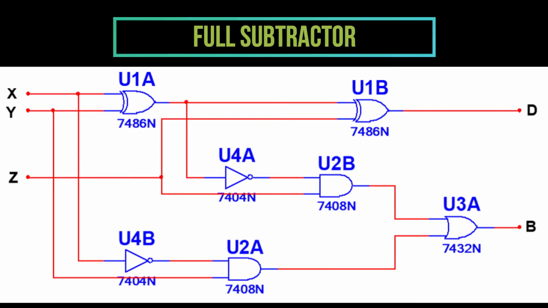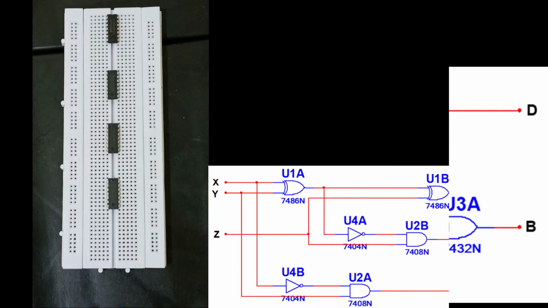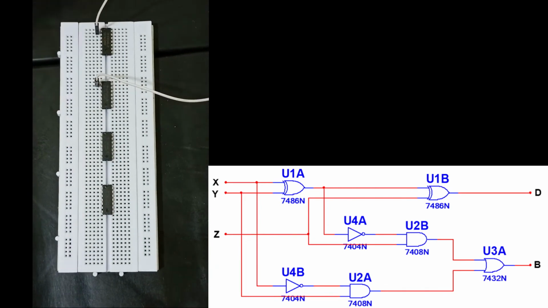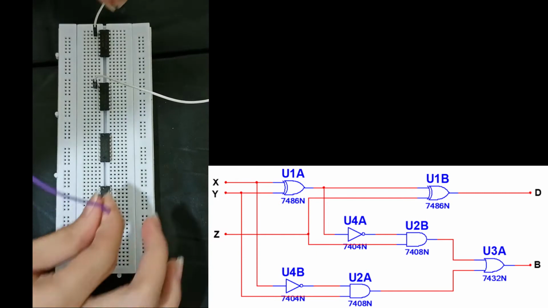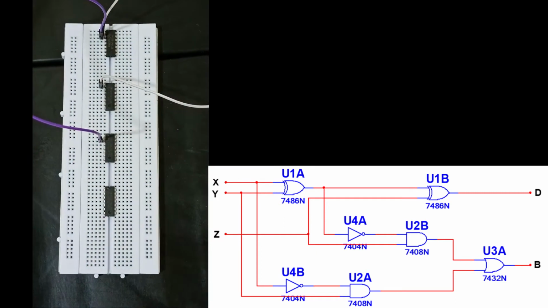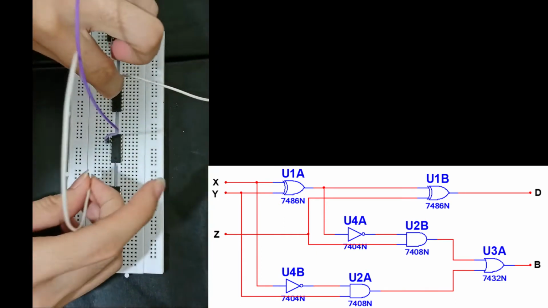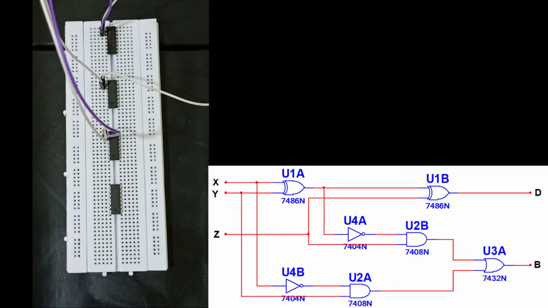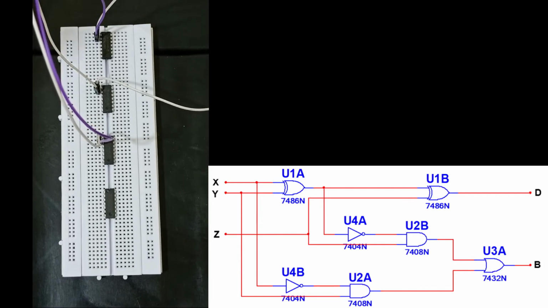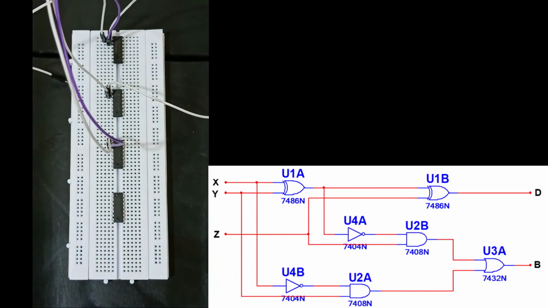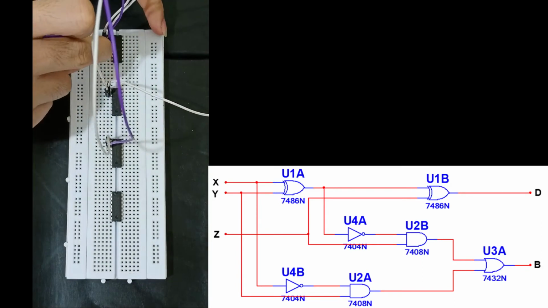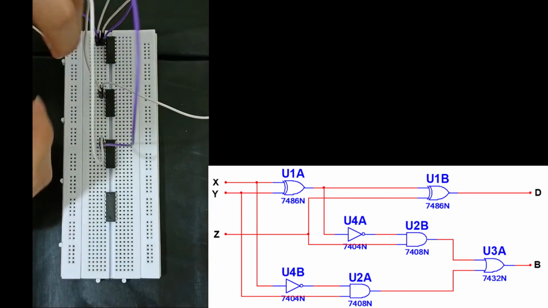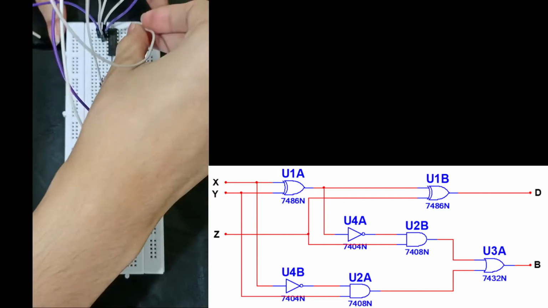Full subtractor. In this part of the experiment is the construction of the full subtractor circuit. We will be using the 7408 AND gate, 7486 exclusive OR gate, 7432 OR gate, and 7404 Hex Inverter Gate. The full subtractor circuit has 3 inputs and 2 outputs in it.